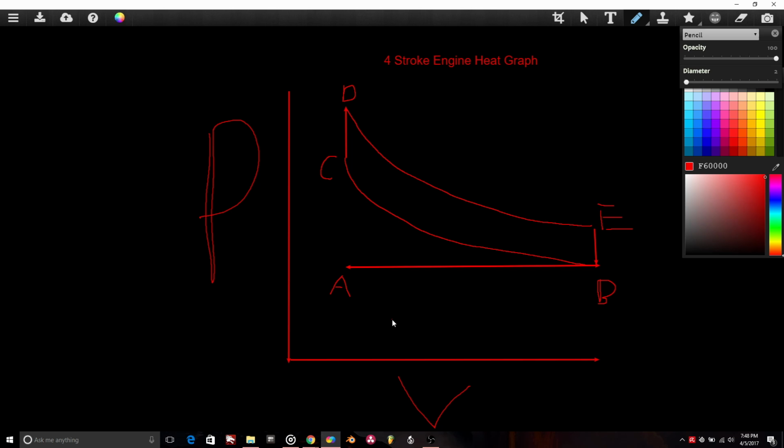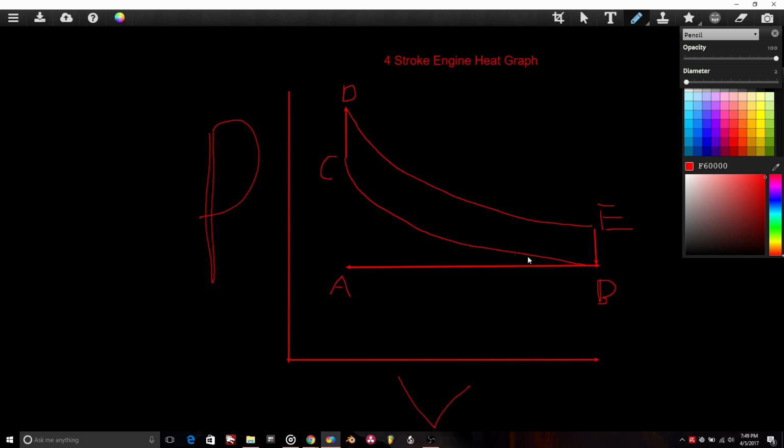The next important one we have to talk about is isovolumetric. I guess that's kind of self-explanatory because we just saw one about pressure, so we're going to see one about volume. Isovolumetric is pretty much just a constant volume, and you usually see the pressure going up or down with these ones. The other important one we have to know is isothermal.